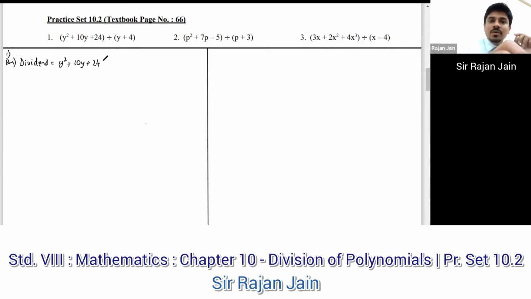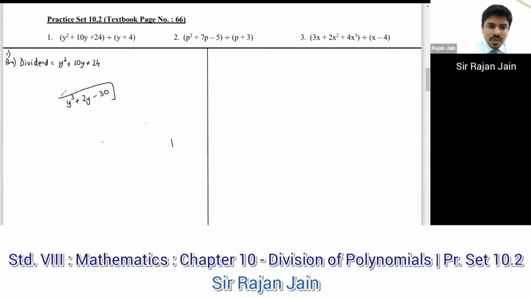Also one more thing, whenever your divisor is not a monomial, meaning it has more than 1 term, like in this case it is a binomial, you are supposed to insert the missing terms in the dividend also. Now what do we understand by missing terms? Let me give a small example here. Suppose my dividend is y cube plus 2y minus 30.